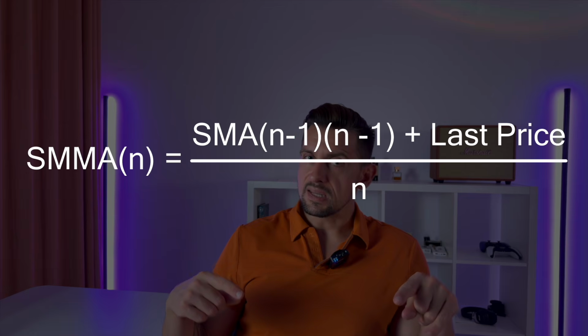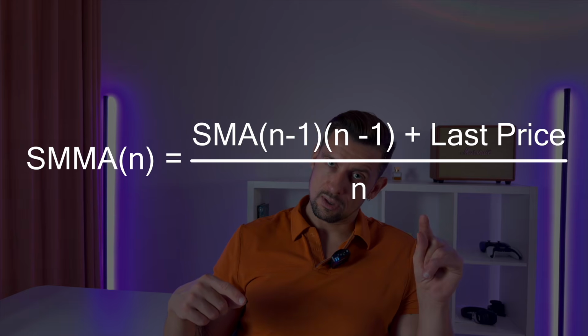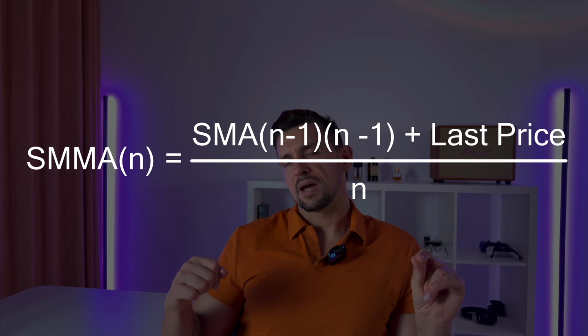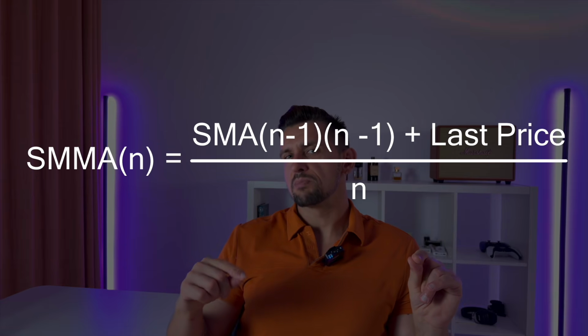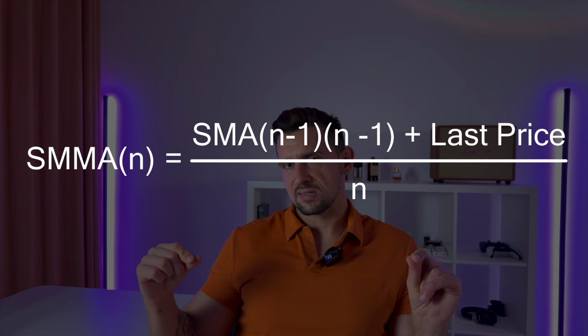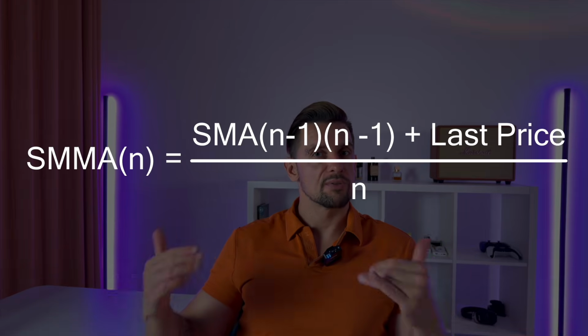You take the previous moving average, multiply it by the number of periods minus 1, then add the latest price and divide by the number of periods. So you get a kind of smoothness.